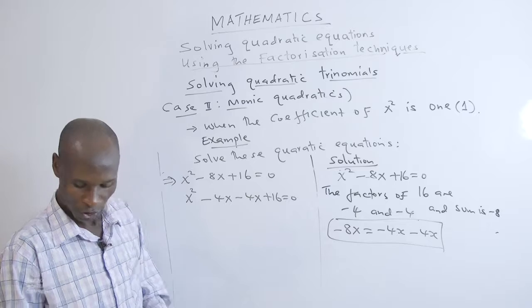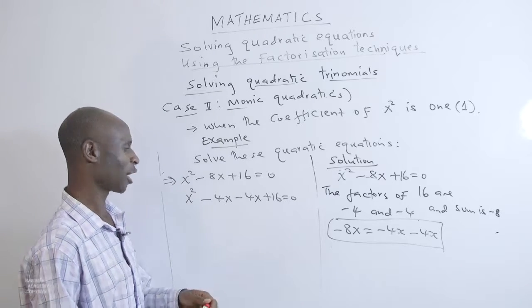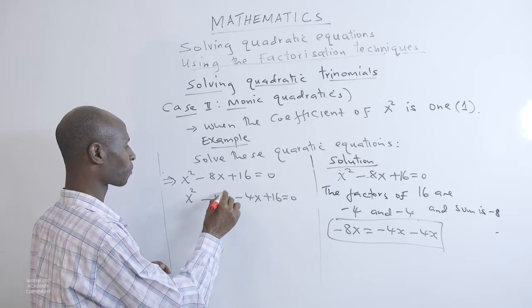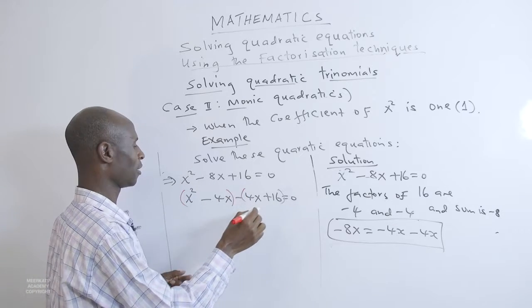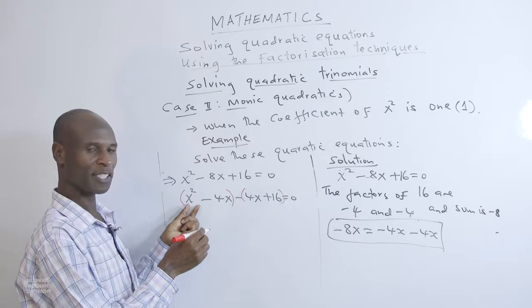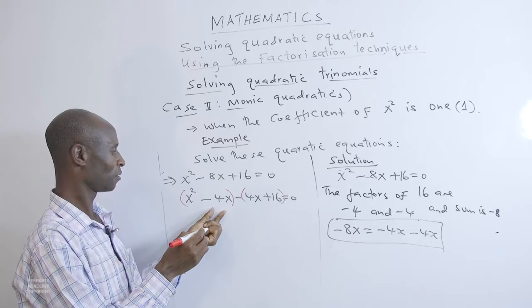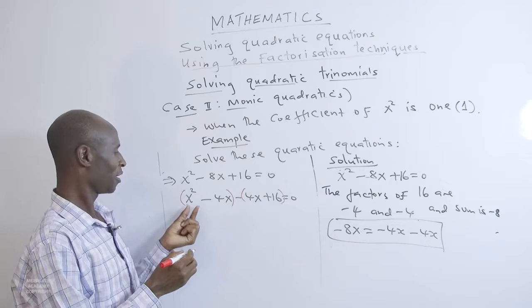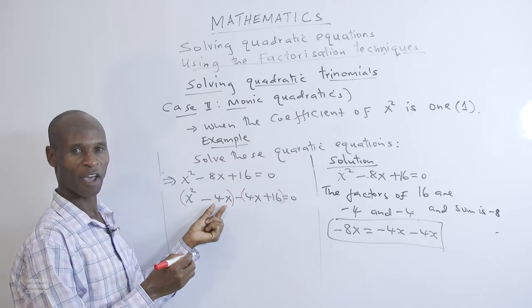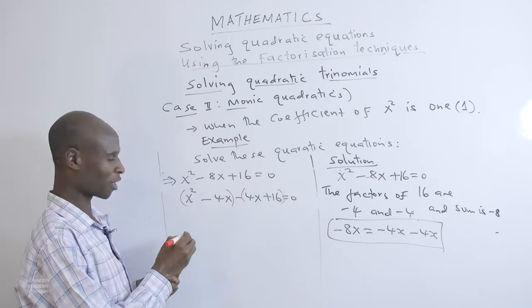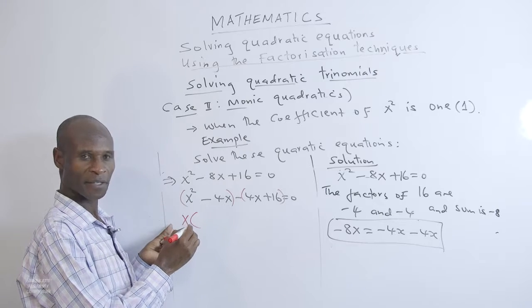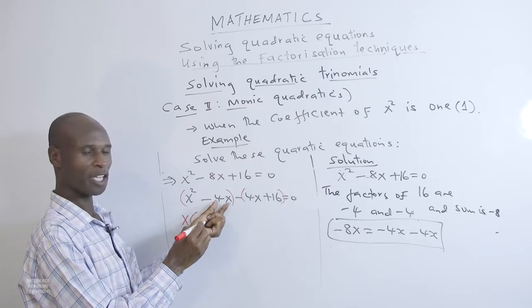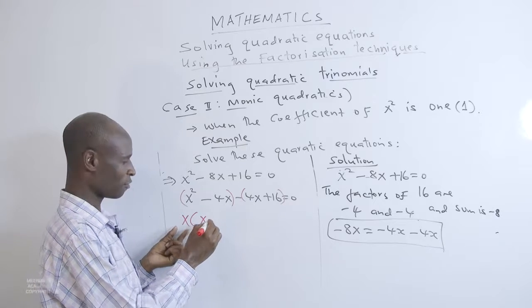So at this point, we now do a factorization by pairing. So we pair like that. What is common between the first term and the second? You will notice that between x squared and negative 4x, x is common, and therefore we factorize. X squared divided by x is x, minus 4x divided by x is minus 4.